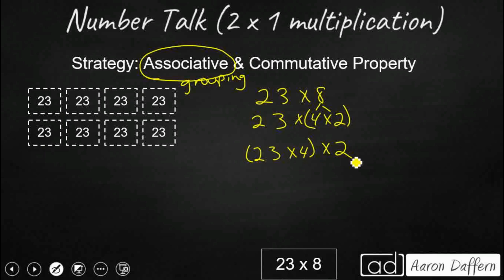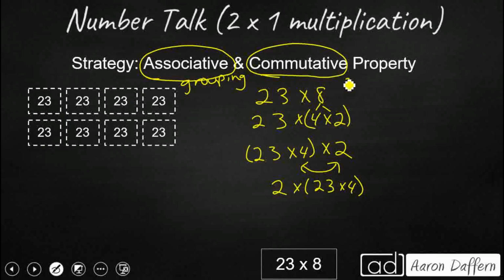Same 3 factors, 23 times 4 times 2, but I'm just going to put 23 times 4 together in a group. Now, I want to make it look right, so I'm going to switch the order of these two. 23 times 4. I want 2 groups of 23 times 4. That is allowable here because I've got the order property, the commutative property. I really don't want 23 groups of 4. Rather do another commutative property, so you can use it twice.